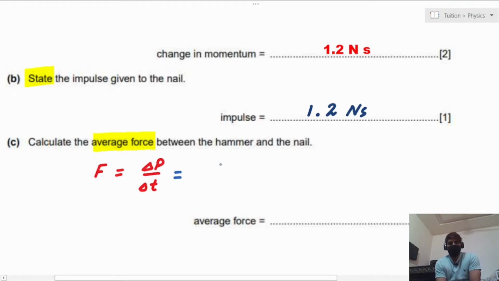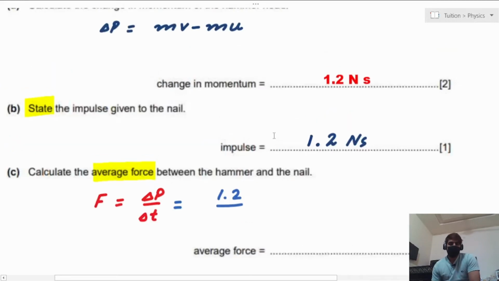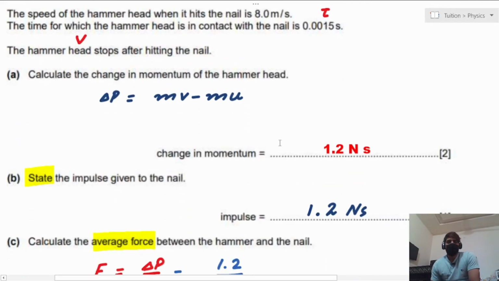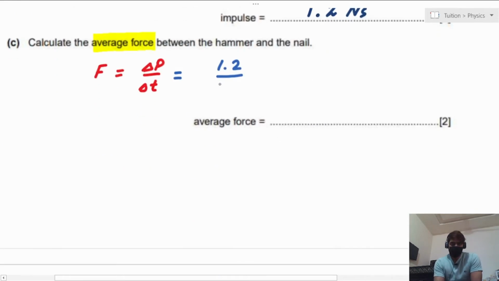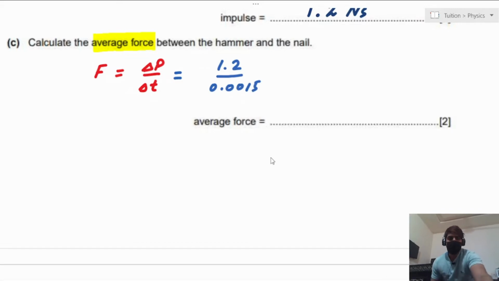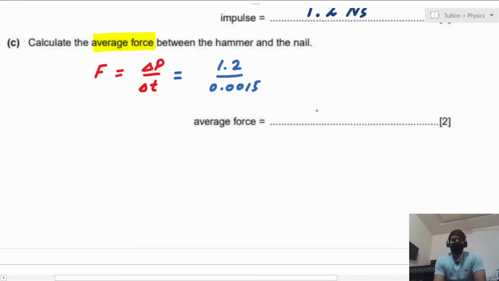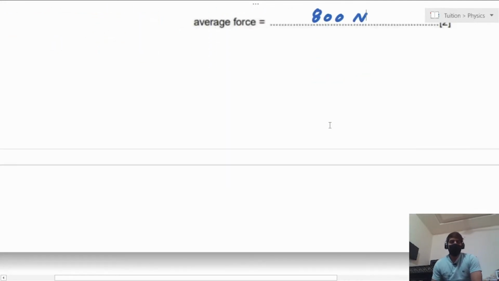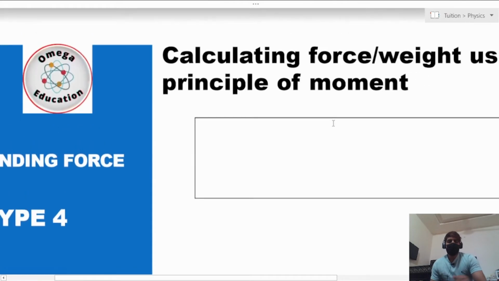Delta P, change in momentum, was 1.2, divided by T, which was given as 0.0015. It was just given in the data. Then you divide these two, and the answer that you get from the calculator is 800 Newton. Alright, so this was the type 3.